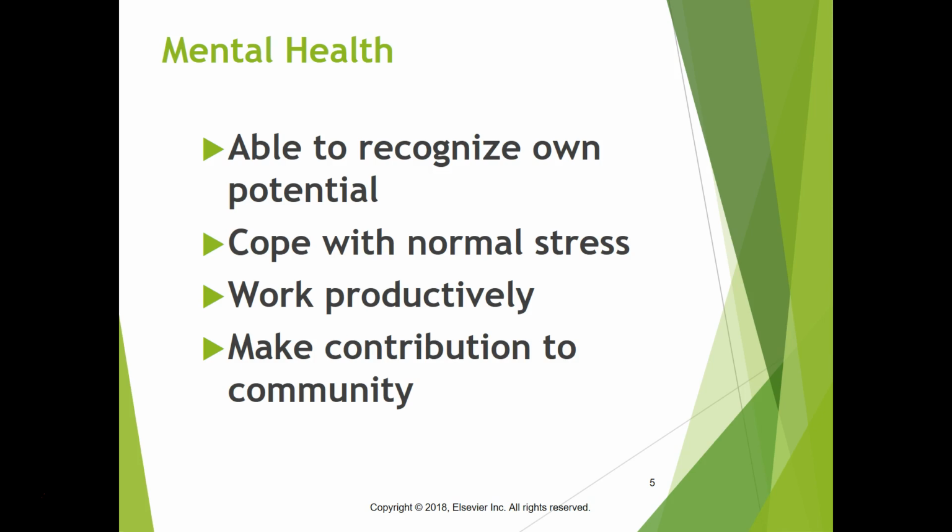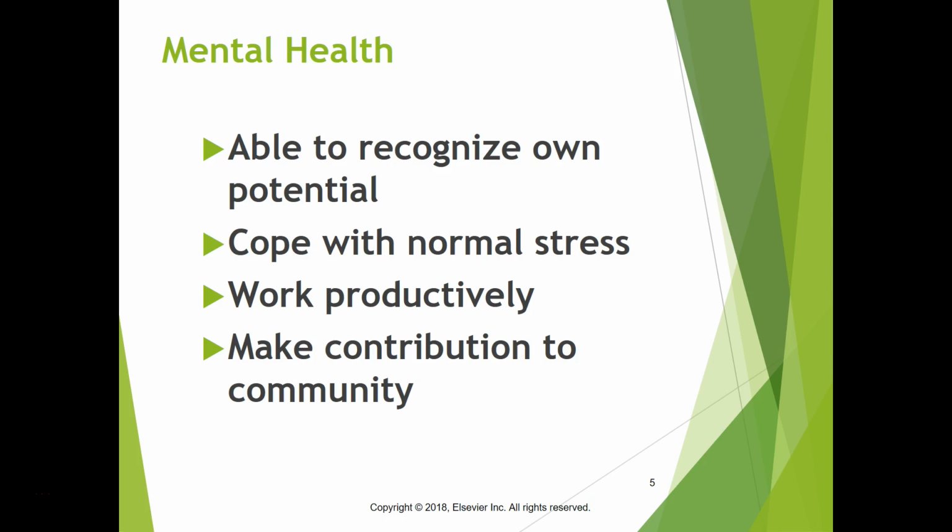So this basically says cope with normal stress. But certainly somebody who is healthy is going to be able to cope with more than just a normal amount of stress. And also just coping normally with stress, that people cope in ways that are very helpful and life-sustaining, and something that's basically part of a healthy lifestyle.